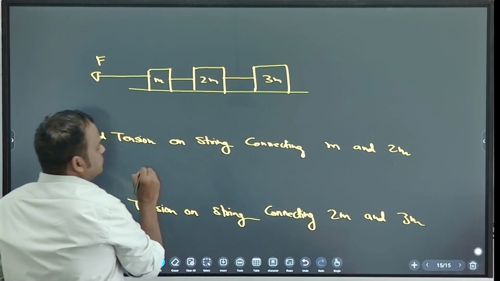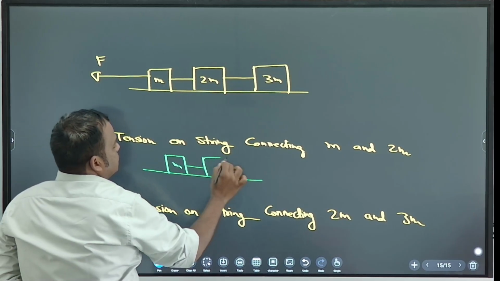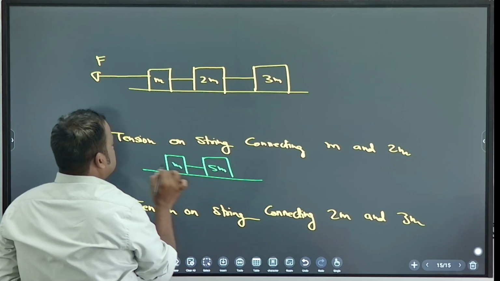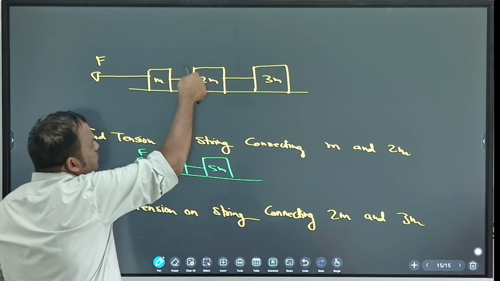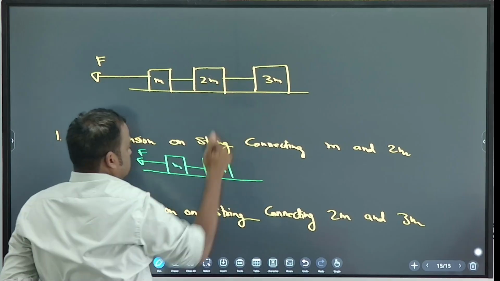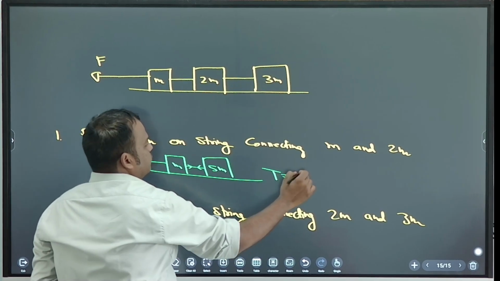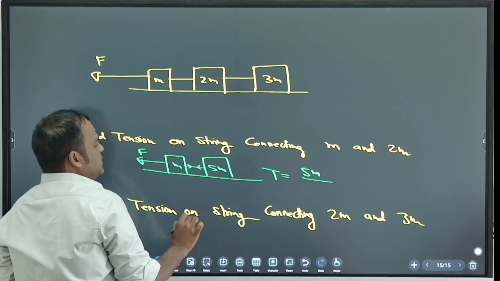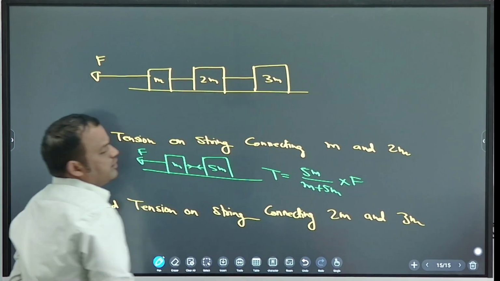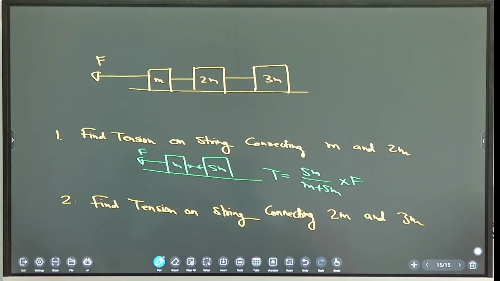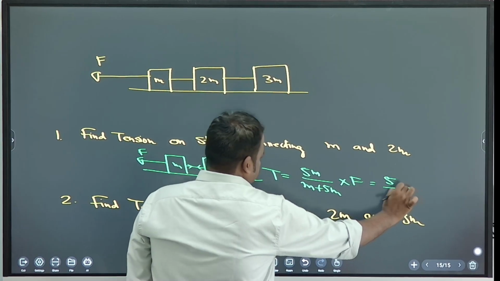So you will get 2M, 3M combined, 5M. I want tension between M and 2M. So these two combined. So what is the tension? 5M by 6M into F. Good. Okay. Understood? Okay, good. So this is 5 by 6 F.